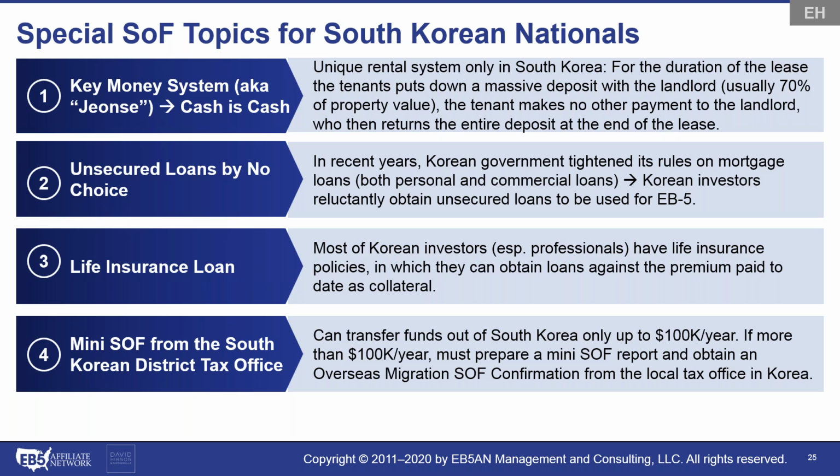So instead of collecting a monthly rent, the landlord makes money by investing the borrowed deposit for the duration of the lease. This unusual system is a byproduct of South Korea's period of rapid growth. It's something the government came up with because, after the Korean War, everybody was poor.